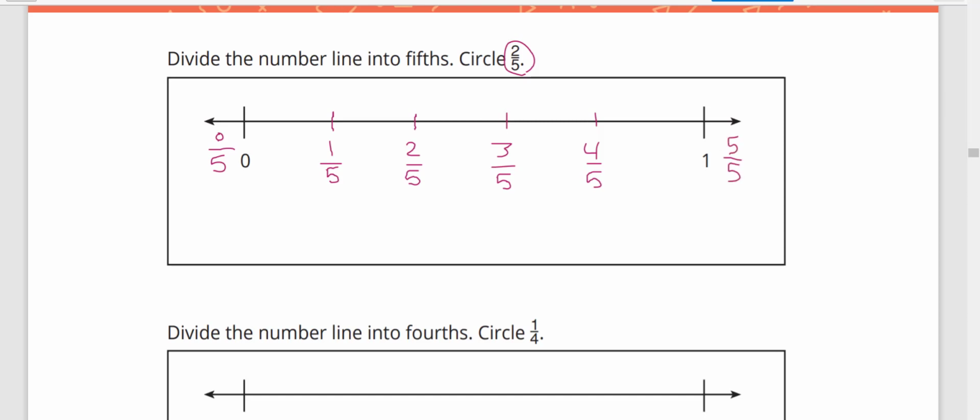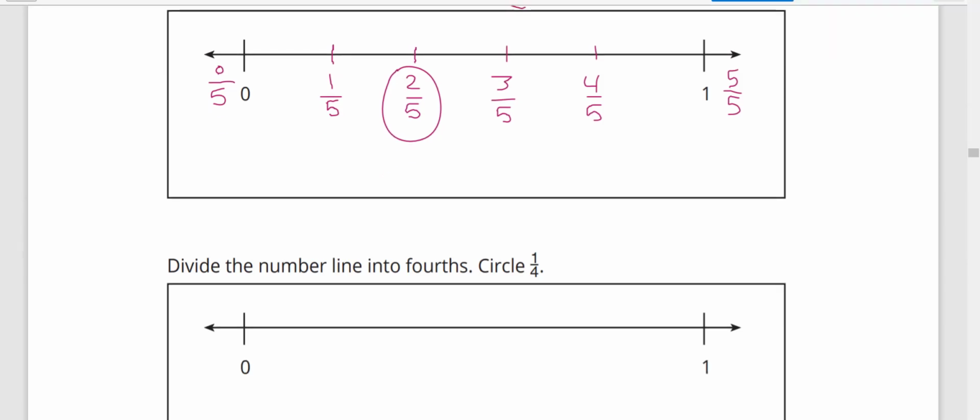Okay? And circle 2 fifths, this fraction. And draw a model. This model is divided into 5 equal parts. 1, 2, 3, 4, 5. So we shade 2 parts in this model because the numerator is 2.